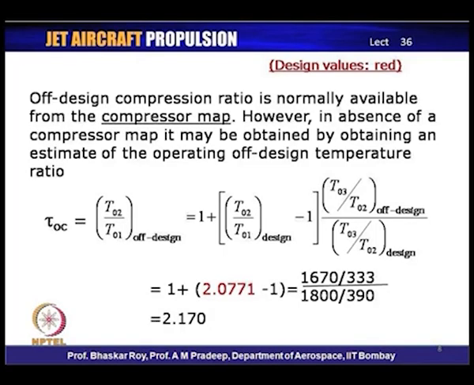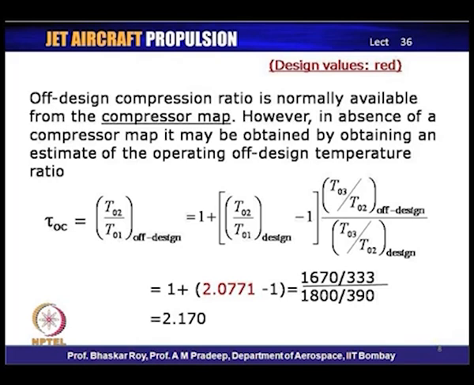So, we shall use that methodology, assuming that the compressor is not yet fully designed, and hence the compressor map is not yet available to us. So, let us look at what methodology one can use to estimate the off design compression ratio of the compressor. What we can do is find out what the off design performance would be.